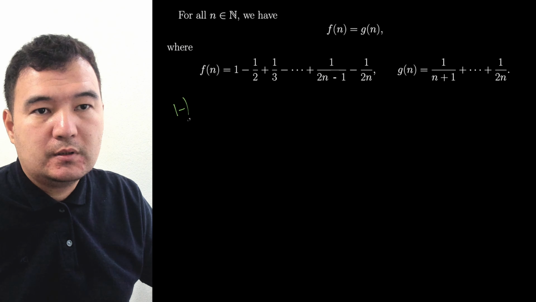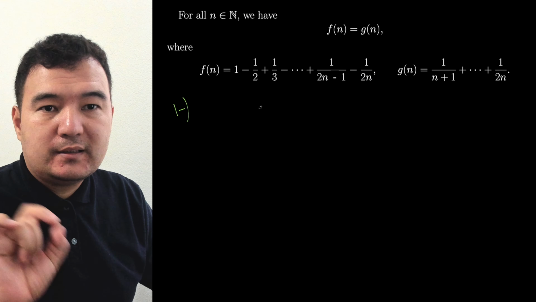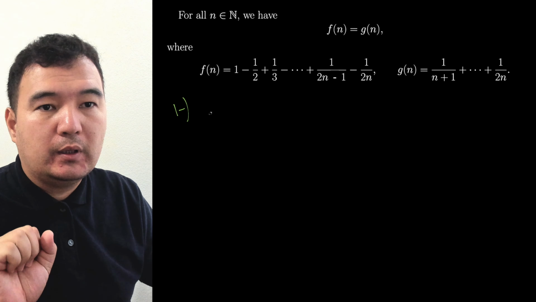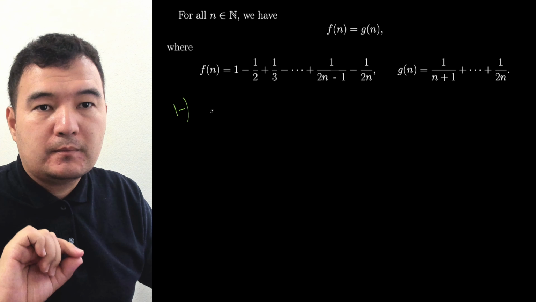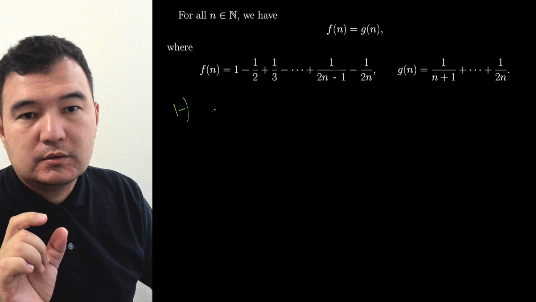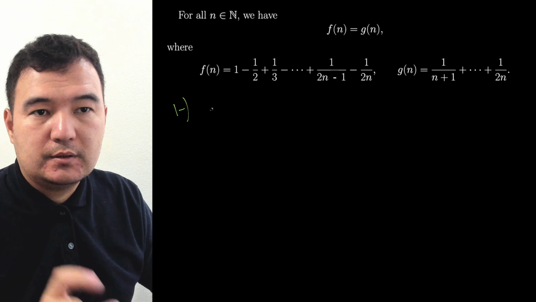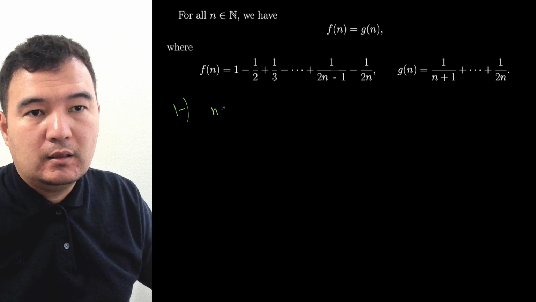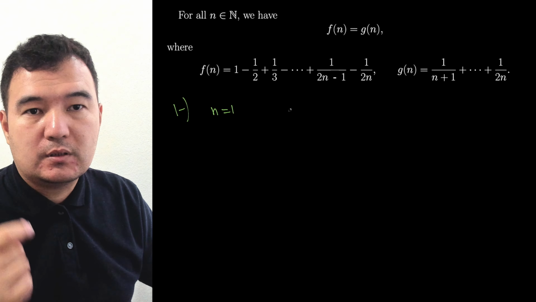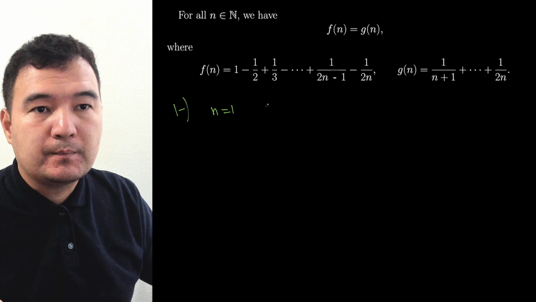At first you have to verify the base case of the induction, so we can check if this equality holds for the starting points. So we can check n equal to 1 and see if it's correct for n equal to 1.